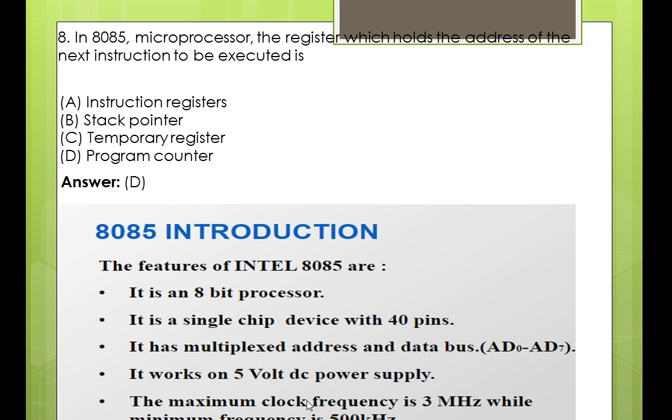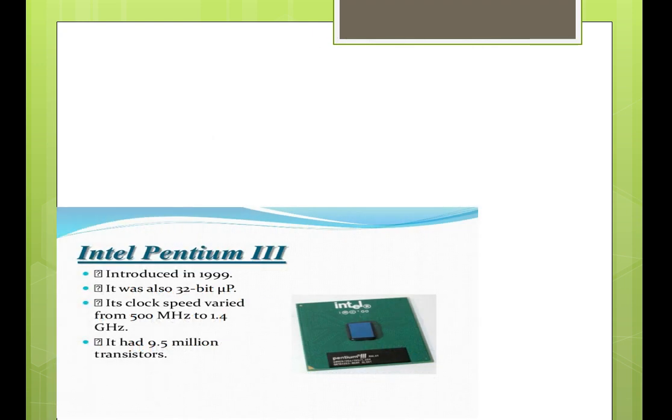The maximum clock frequency is 3 MHz while the minimum frequency is 500 kHz.